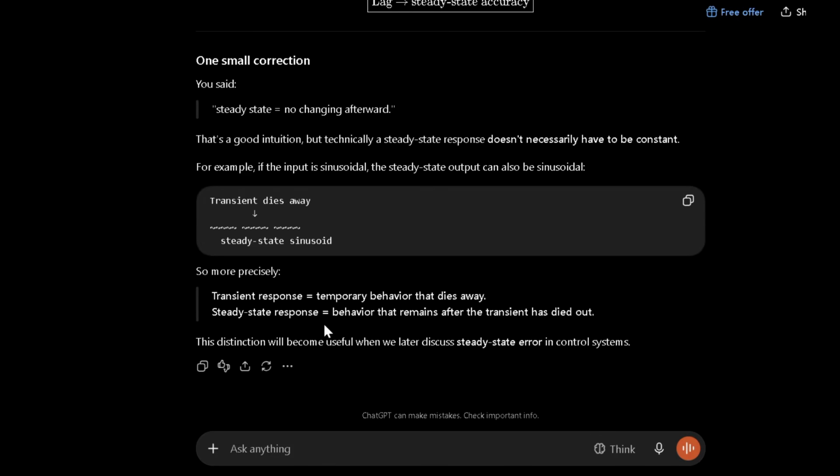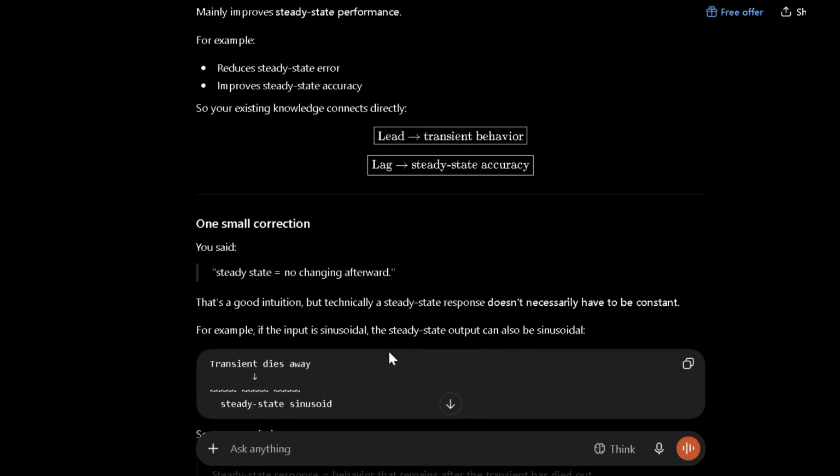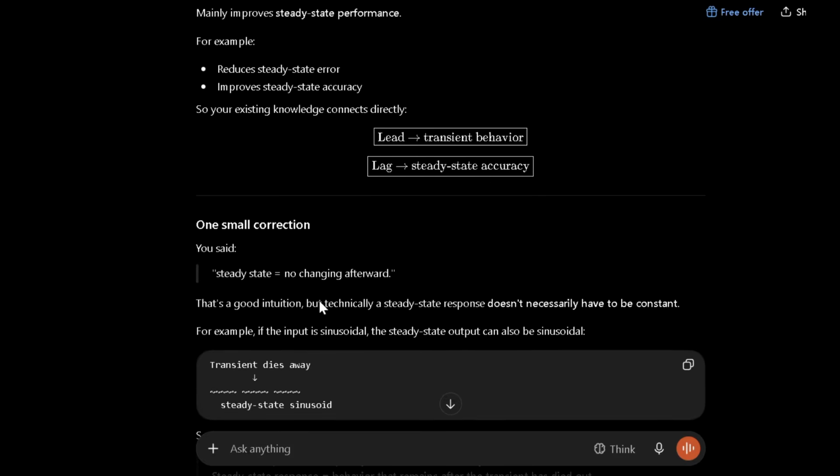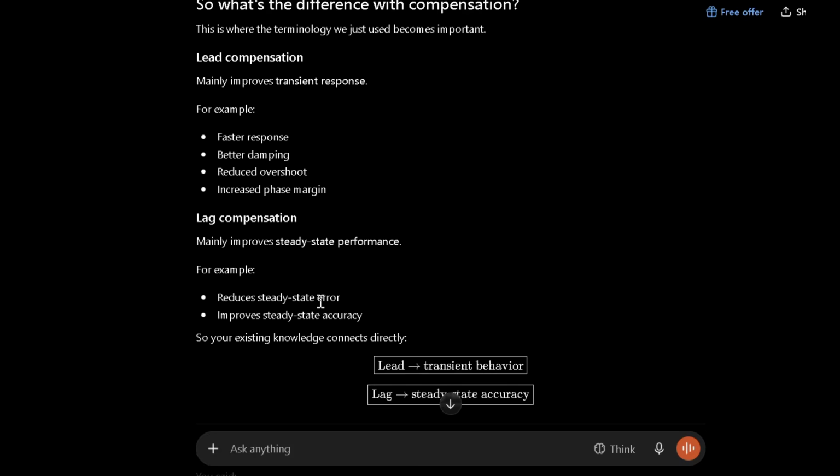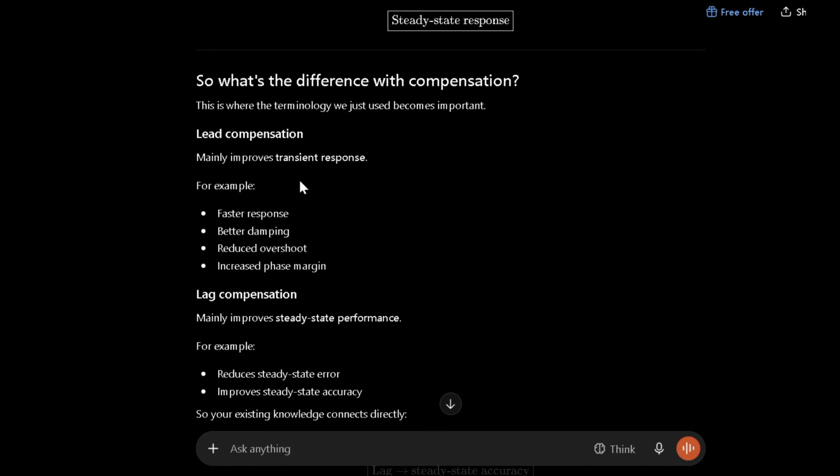So here, lag compensation makes the response slower. It increases the time for the transient response.